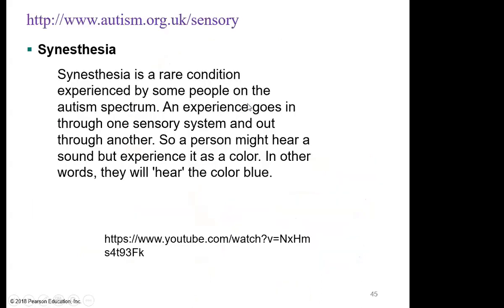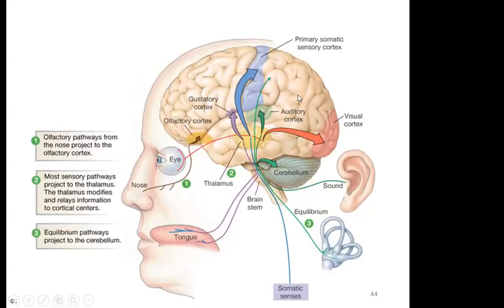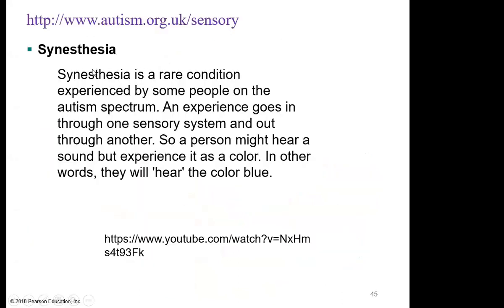So now, the problem is, for us, this may all work like it's supposed to. But for someone who has what's called synesthesia, this is where we have an experience that goes in through one sensory system and then out through another. So the brain labeled lines get crossed and things get confused, especially in a person with autism.